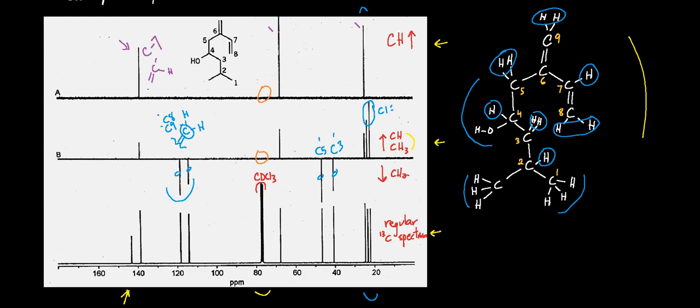C7 for sure. Of the other 2, the next most deshielded one should be C4. If you look at C4, it's next to an alcohol. In fact, it's on the same carbon as an alcohol, so it's going to be much more deshielded than C2, which is sort of just your regular alkyl methine, CH. So those are assignable without much ambiguity, really.